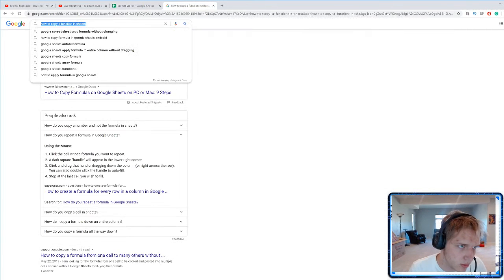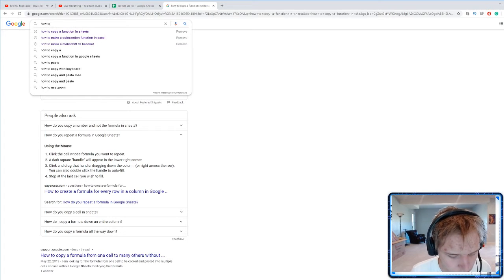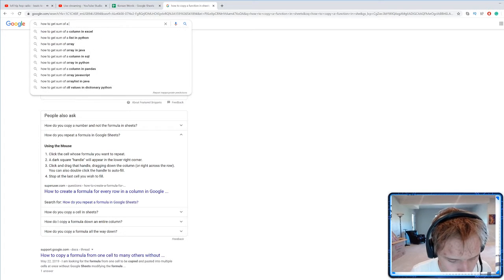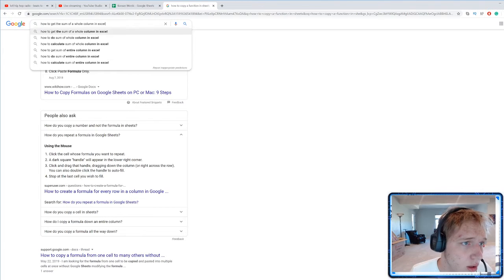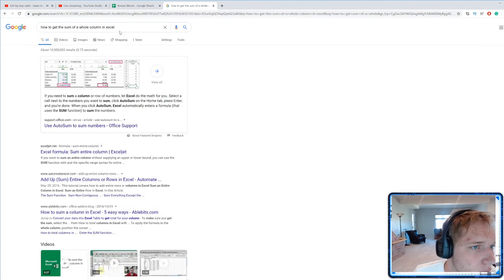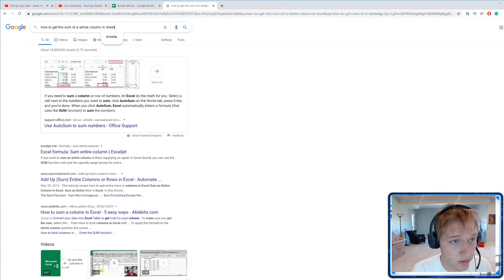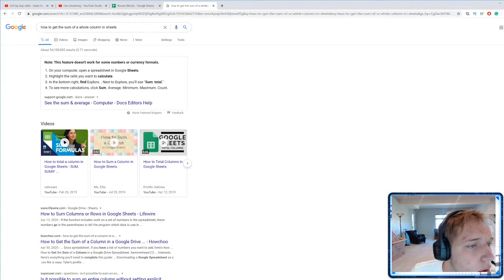Let's see, how to get sum of a whole column in Excel, except I'm using Sheets on a computer.